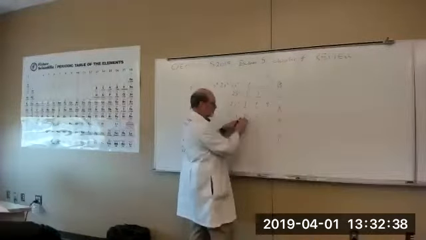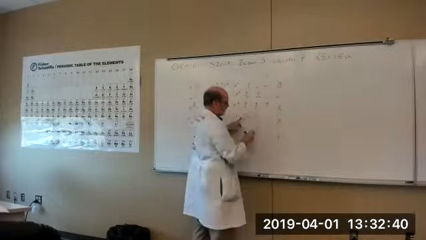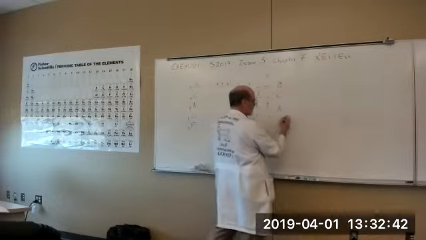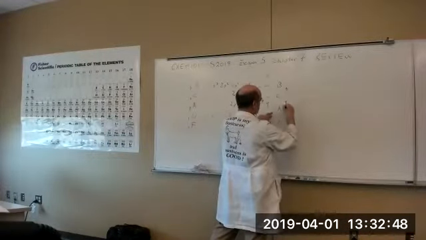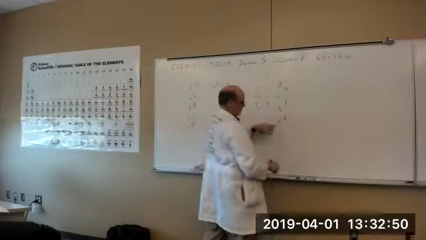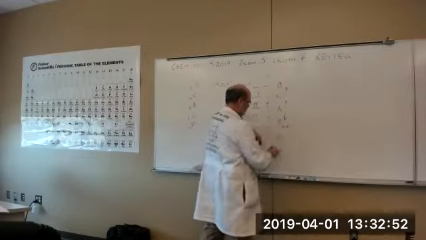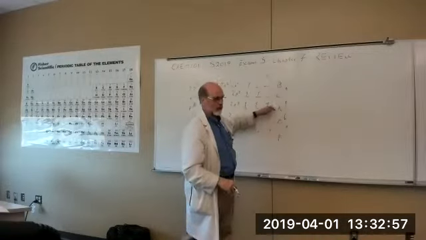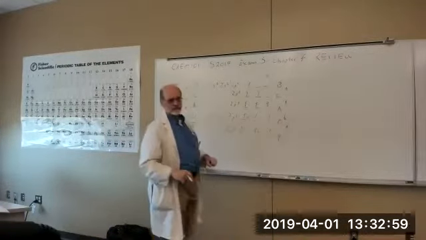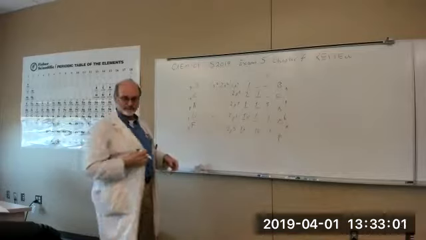So it's easier to remove this one than it is to remove that one. So the ionization energy trend here, we're going up here, we're going up here, we go back down there. Then we start going back up again. So this trend reverses itself right here for that reason, because there is some repulsion.